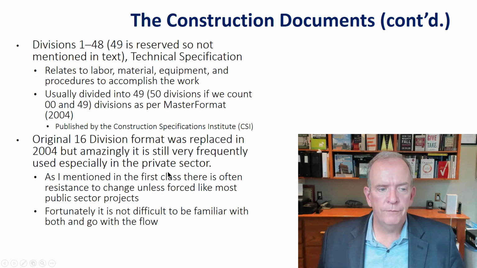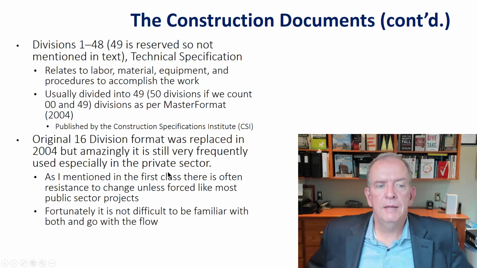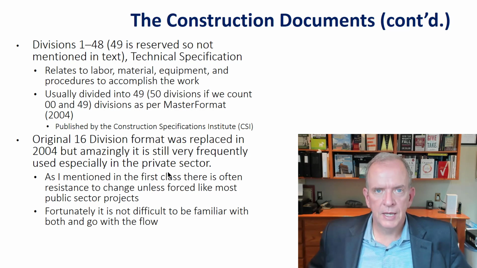The original 16 format, and I say was replaced in 2004, but amazingly it's still very frequently used in the private sector. A lot of the condominium buildings use it. I think I'm going to post a sample set of architectural specifications and a sample set of engineering specifications, both for the same building.